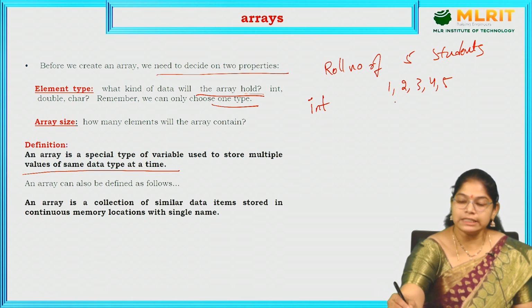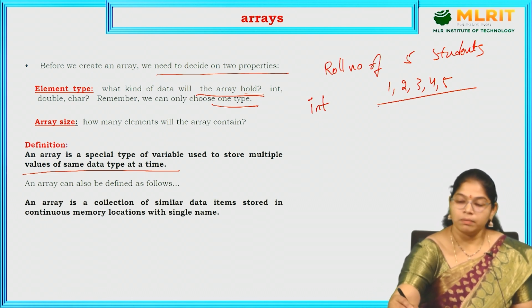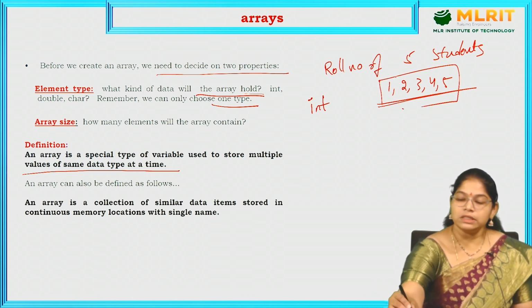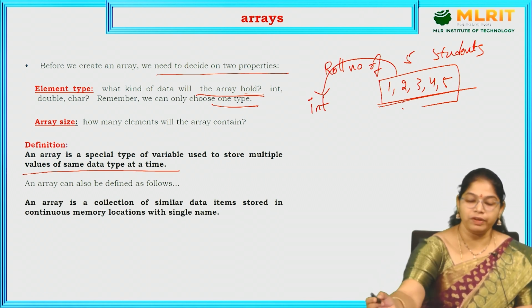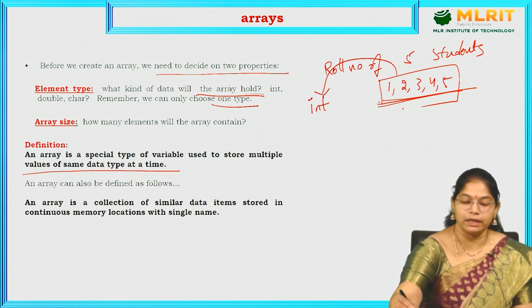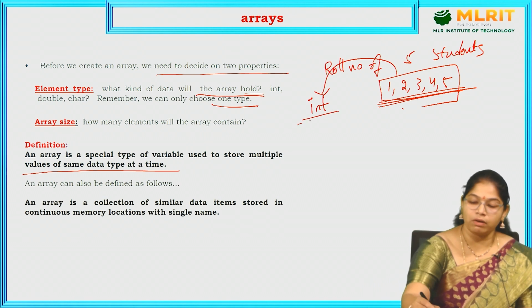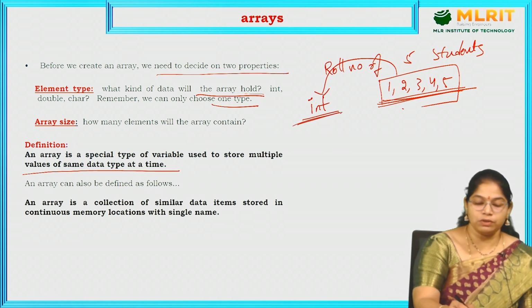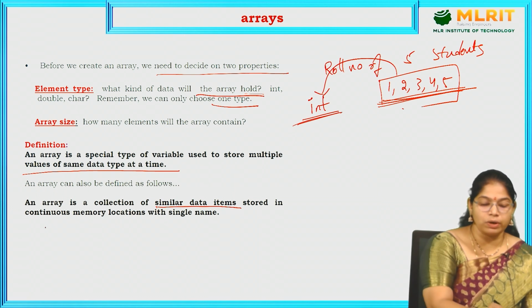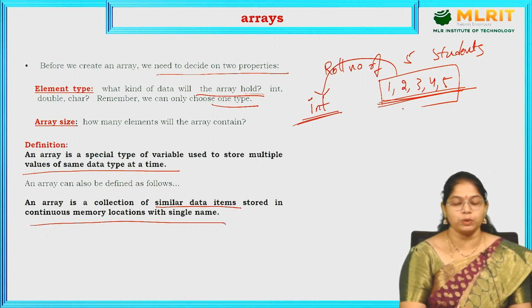These are multiple values, but all are of the same type, that is integer. So an array is a special type of variable used to store multiple values, all of the same data type. An array is a collection of similar data items stored in continuous memory locations with a single name.